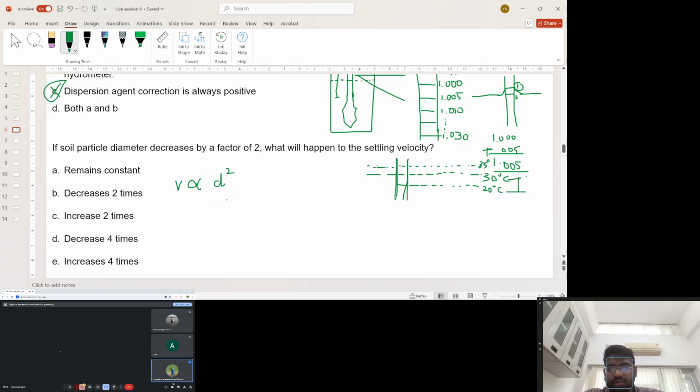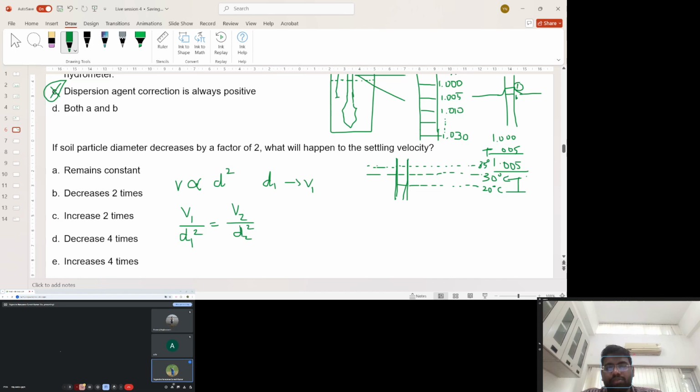Let us consider initial diameter d1, with velocity v1. So v1 by d1 square is equal to v2 by d2 square.